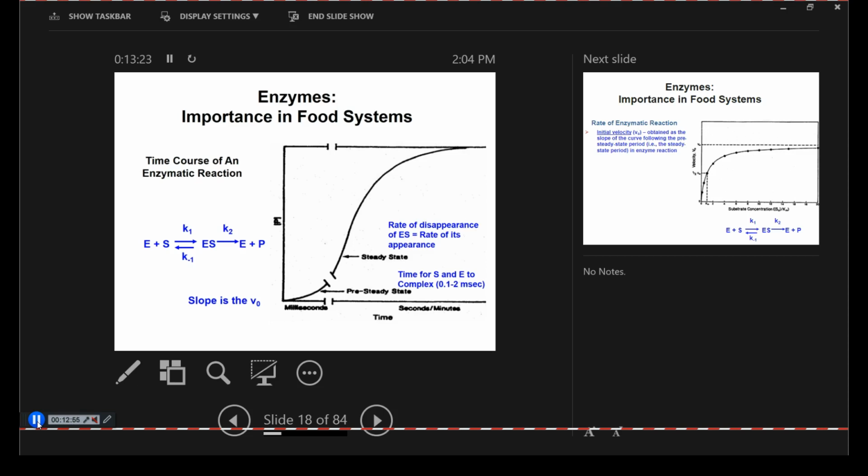So when we want to monitor an enzyme reaction, the best way is during its steady state, so we can actually get a velocity from a linear curve.